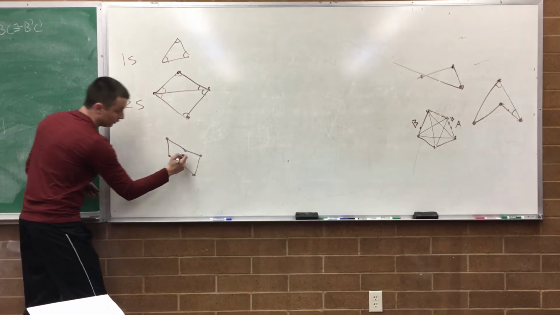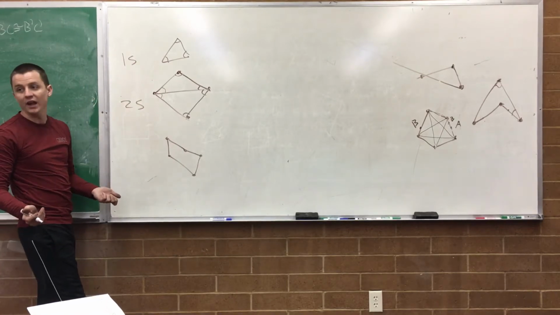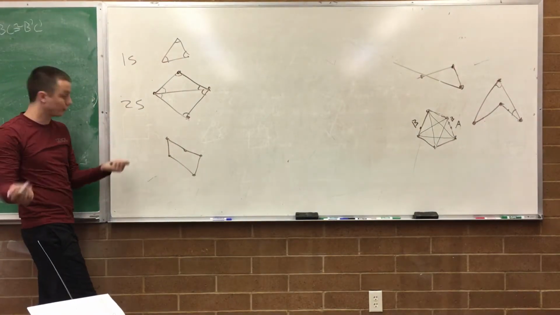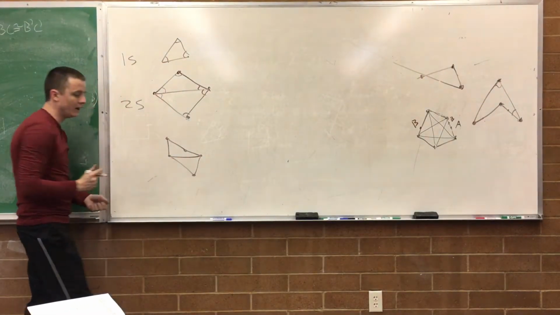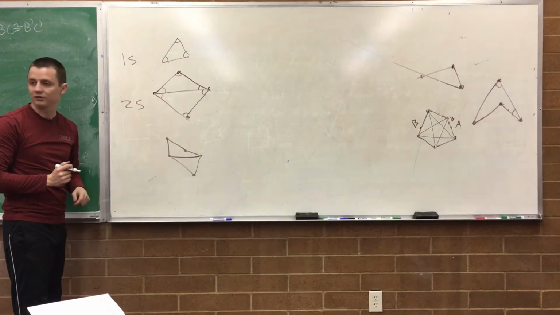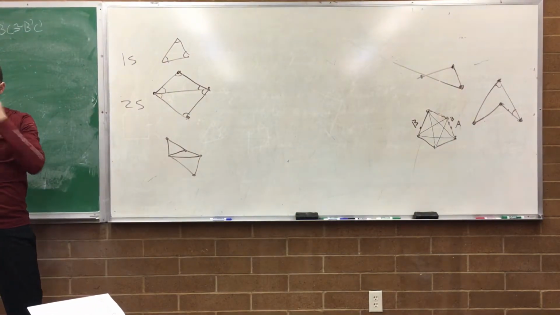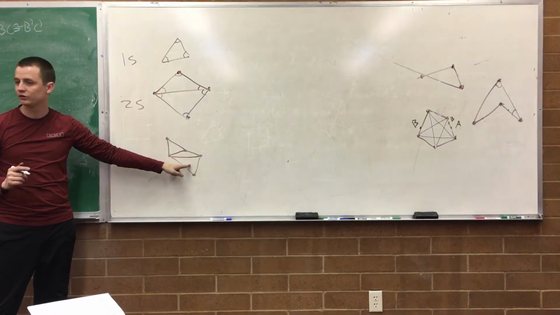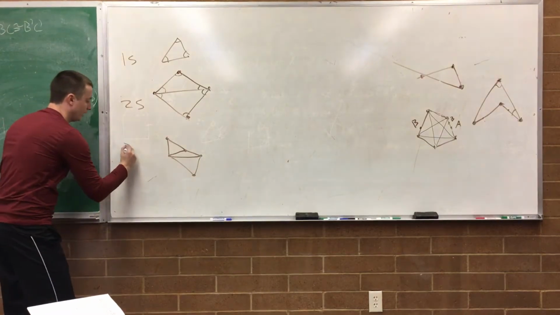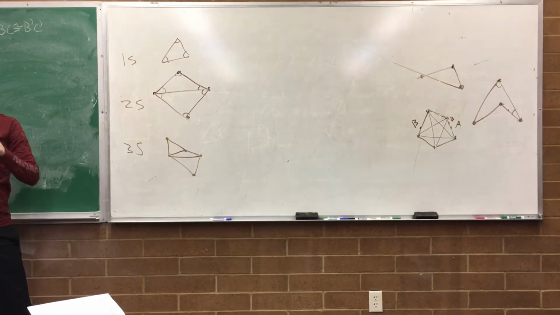You can split this up into three triangles, however you want to do it. Just draw any diagonal you want, doesn't matter which one you draw. Now draw another diagonal that doesn't intersect this diagonal. Now you have three triangles. This gives us one straight angle, this gives us one straight angle, this gives us one straight angle. So altogether we have three straight angles. Does that make sense?